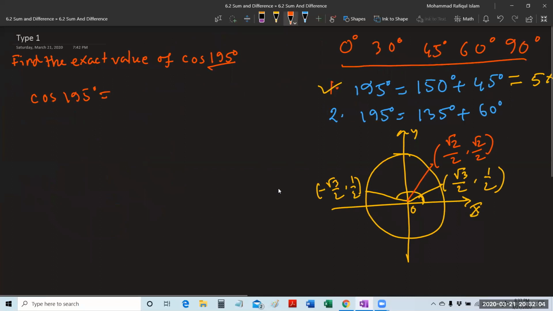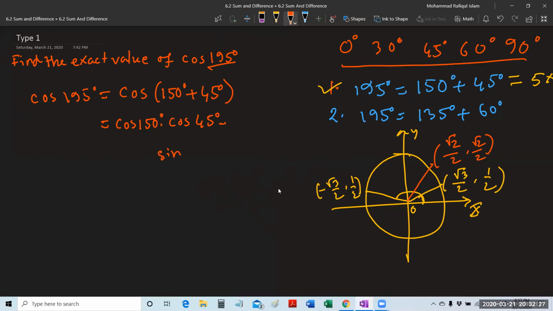Okay, so here we can write this equals cosine of 150 degrees plus 45 degrees, and that equals cosine 150 degrees times cosine 45 degrees minus sine 150 degrees times sine of 45 degrees.